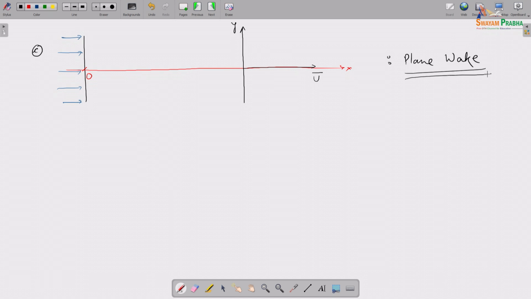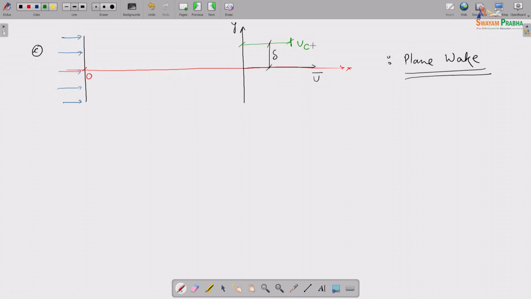Okay. So in this case, at some location, say here, this is my characteristic height, and this is my convective velocity, right?